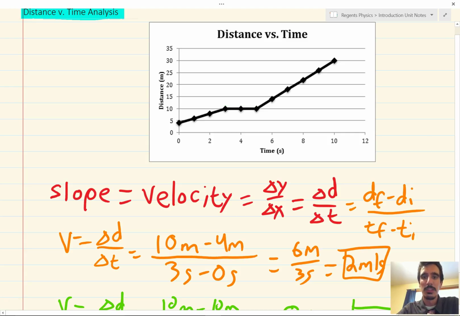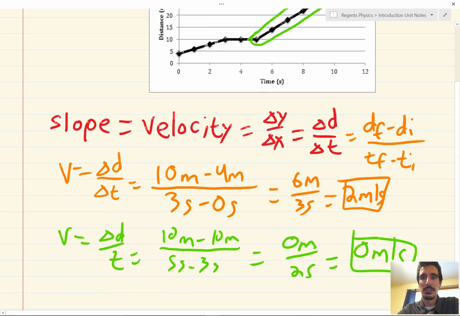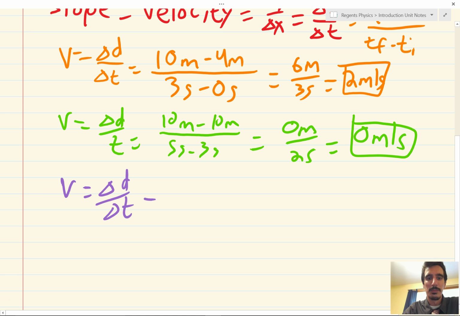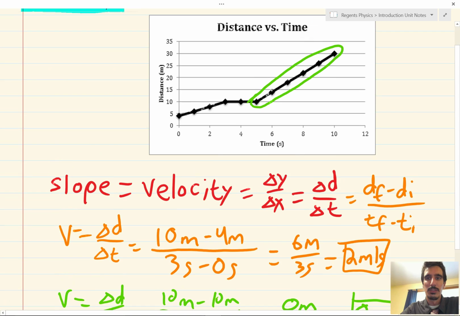Okay, and let's do it for the last interval of time, from 5 seconds all the way up to 10 seconds. So velocity is change in distance over change in time. Delta D over delta T. Okay, so let's see our distance.